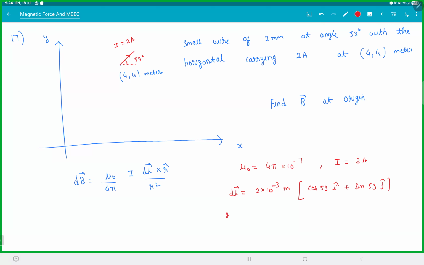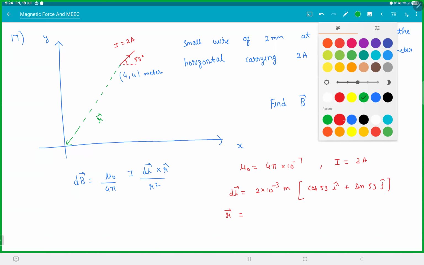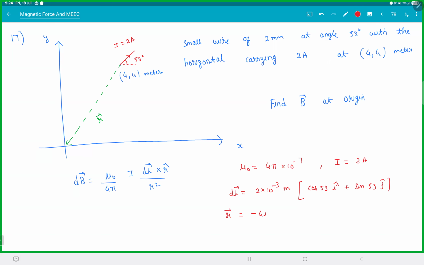What is r bar? r bar is a vector from the point to the origin. Remember, this will be your r bar. So r bar will be minus 4i minus 4j. So what is r cap? Minus i minus j by root 2. There. You can substitute all those and you'll get the answer. I'll leave it to you.